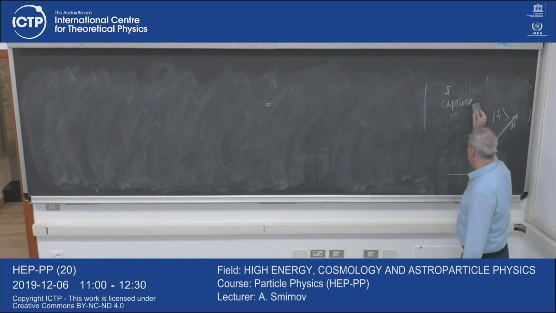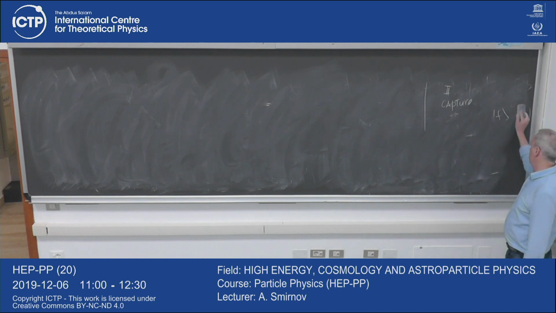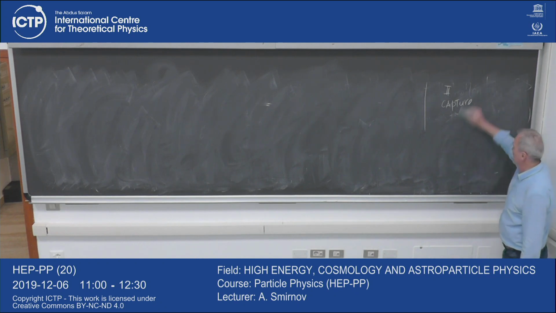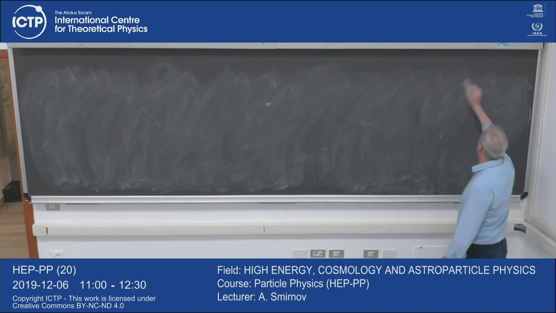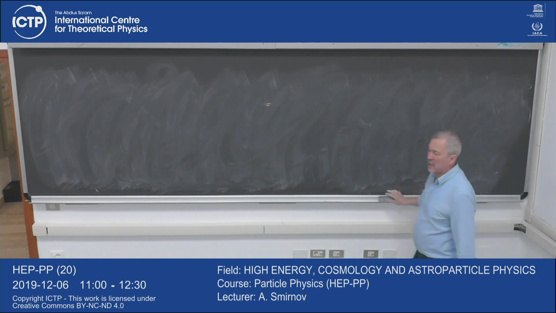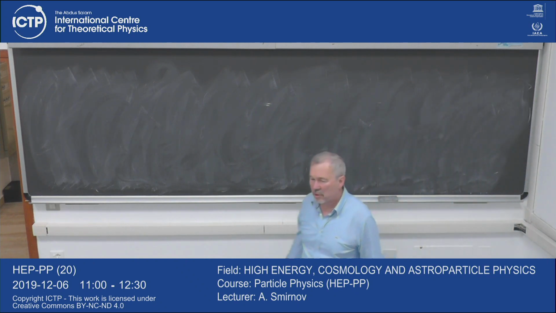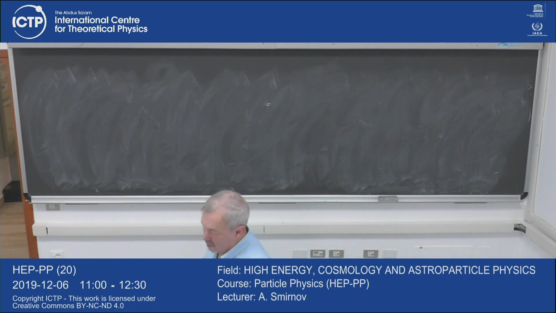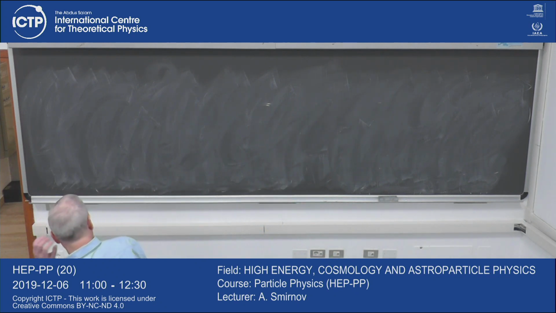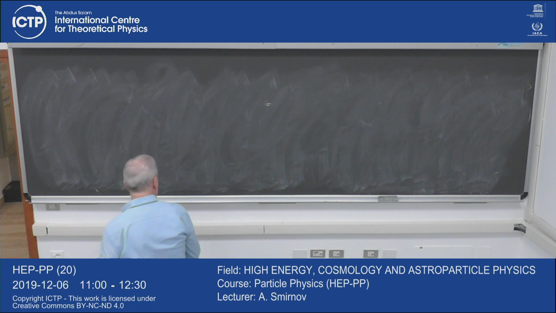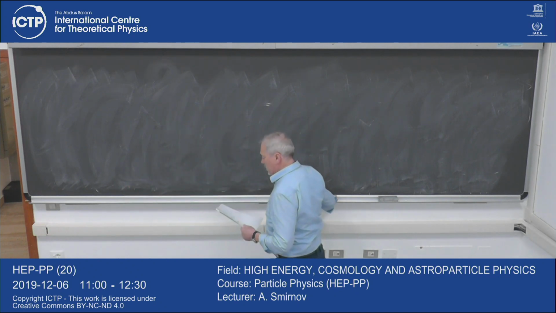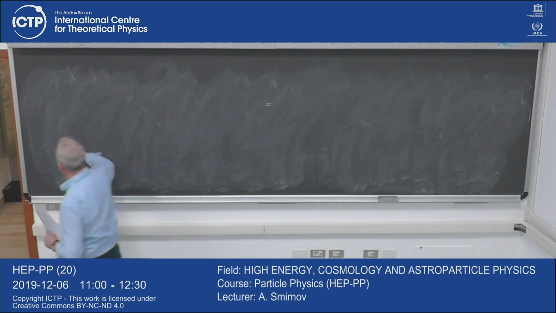In all the processes due to electromagnetic and strong interactions, parity is conserved. And we saw this also at the level of Lagrangians. We know what the Lagrangians are, and you can immediately check that Lagrangians are invariant under P transformations. So now let me discuss parity violation.